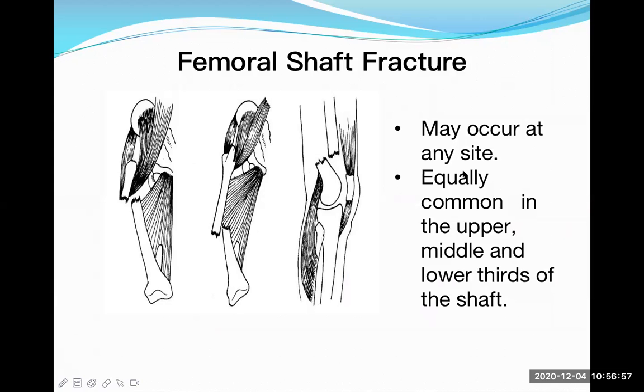It can occur at any site, and it is equally common in the upper, middle, and lower thirds of the femur shaft. According to the attachment of different muscles, the displacement of the fracture may be slightly different. See this. These are the attachments of the muscles here.